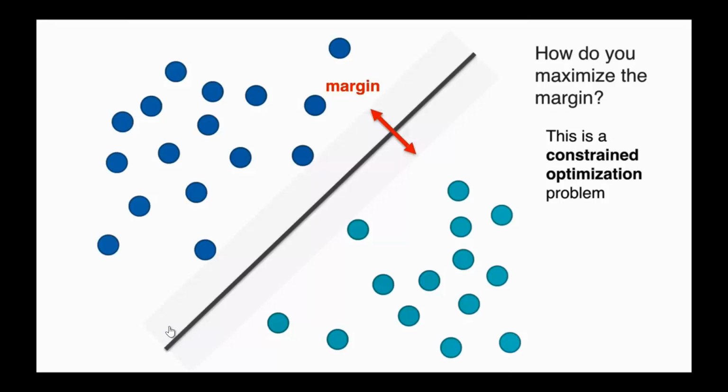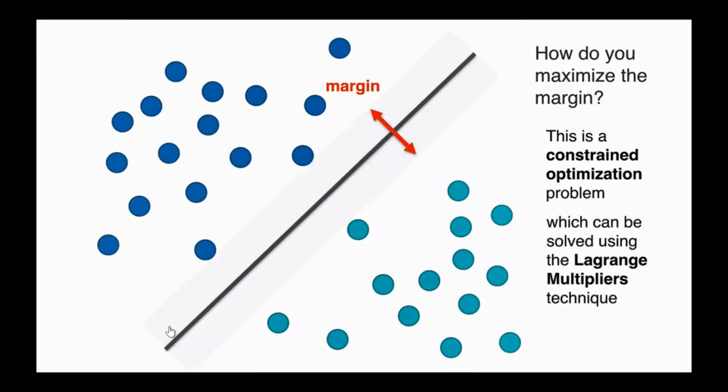And the reason there are constraints is that these dots here can't be on the road. They have to be away from the road. So we have our constraints and we have our optimization. So this is a constrained optimization problem. The way to solve a constrained optimization problem is to use Lagrange multipliers, which involves quite a bit more math, so I'm not going to go through it here in detail.